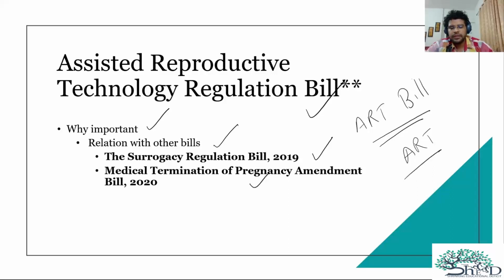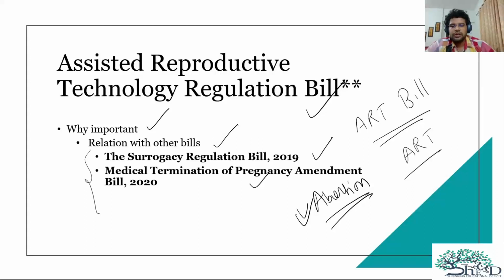Similarly, the abortion activity cannot be managed properly if you don't have a proper database of clinics. So the ART bill is the foundation for these two bills. It is very important that the ART bill should be passed, but again it should be passed after the changes.